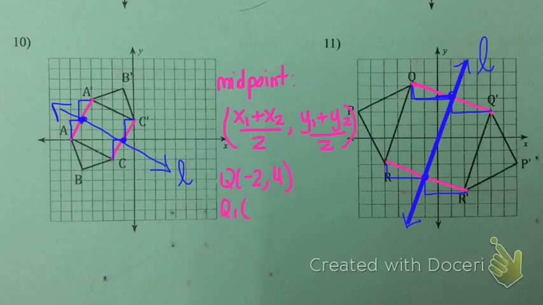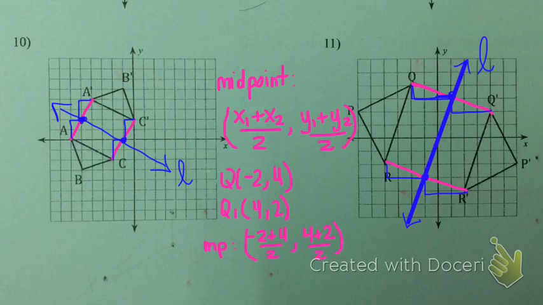Over 4, up 2. So if I take these 2 points and put them into the midpoint formula, the midpoint is going to be -2 plus 4 divided by 2, and for the y value, 4 plus 2 divided by 2.